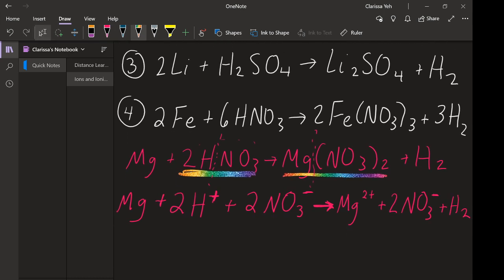And now here comes the part where I look to see what can cancel. There's no Mg on both sides. There's one on the left, but none on the right. There's no H plus on both sides. There's just one on the left, none on the right. But there's a set of NO3 minuses on both sides.